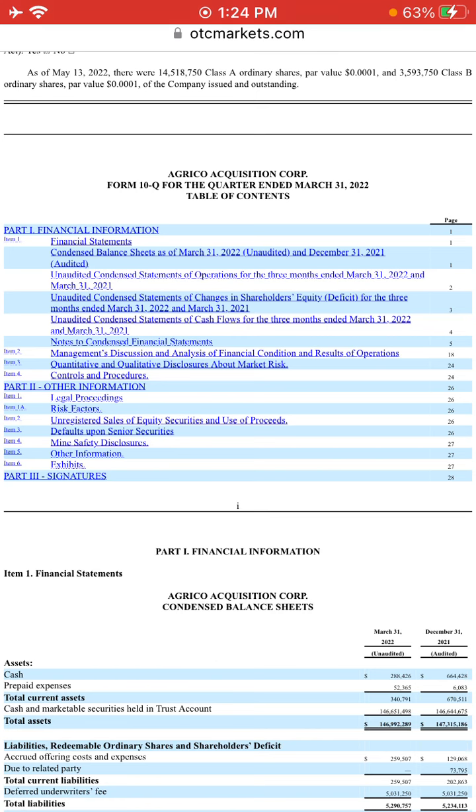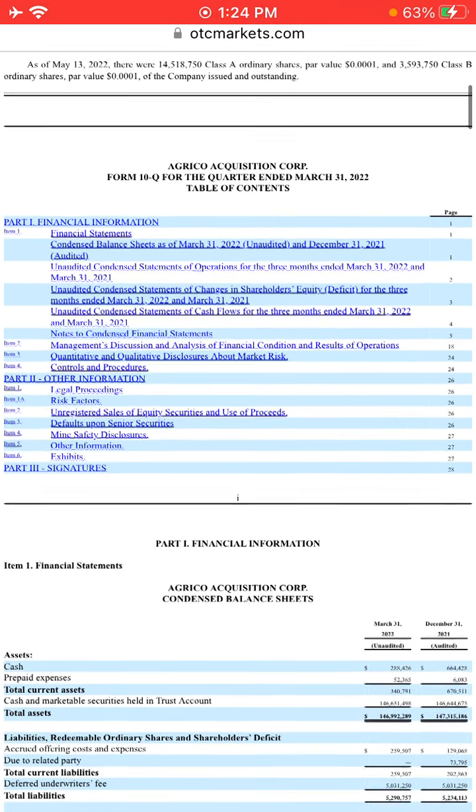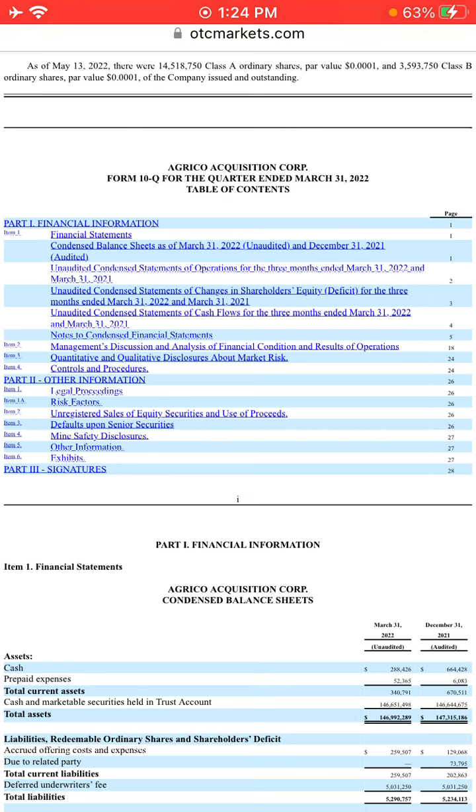it's showing, so sometimes it gets a little tricky because here it's showing that there are Class A ordinary shares and then Class B ordinary shares.